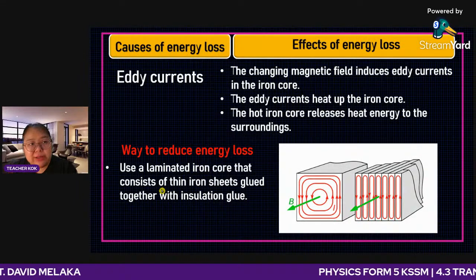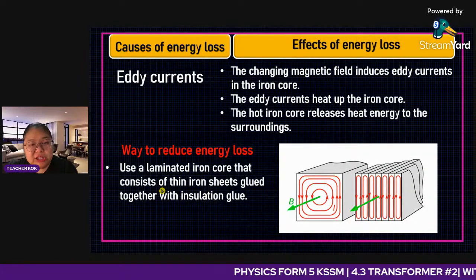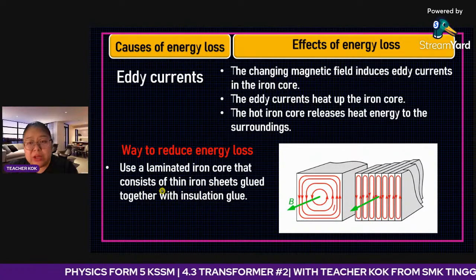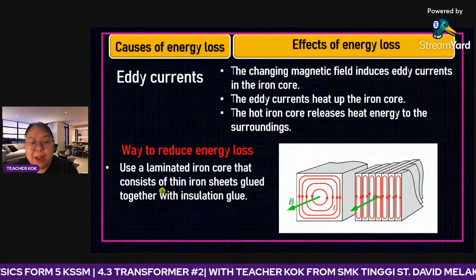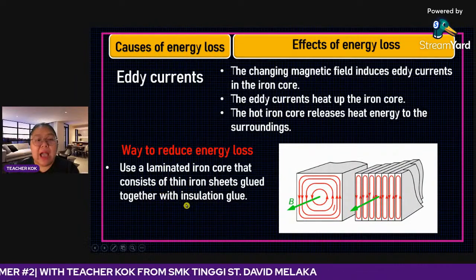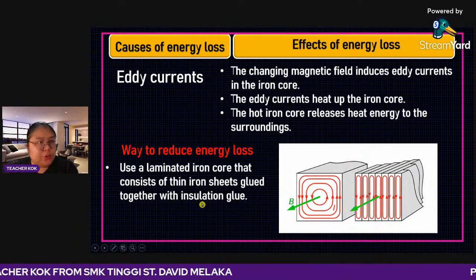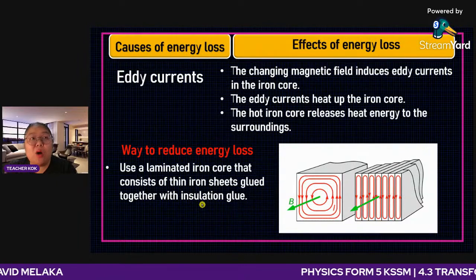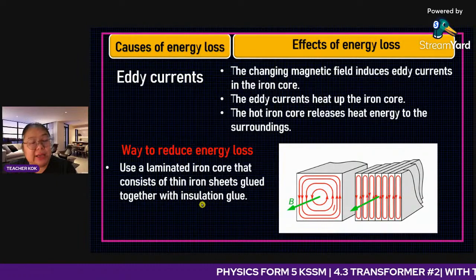They can still magnetize the soft iron. Only the behind layer is changed, because we know the behind layer is not needed. What is important is the front part. So it becomes thin sheets glued together with insulation, then made thicker. This is one way to reduce eddy current.